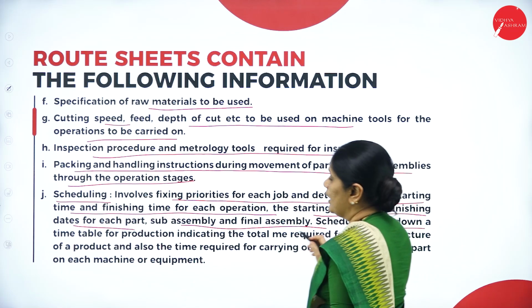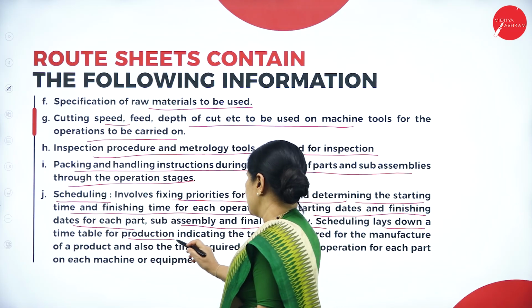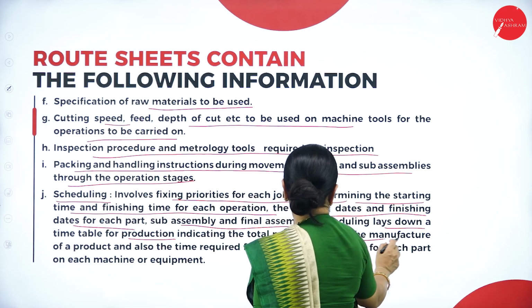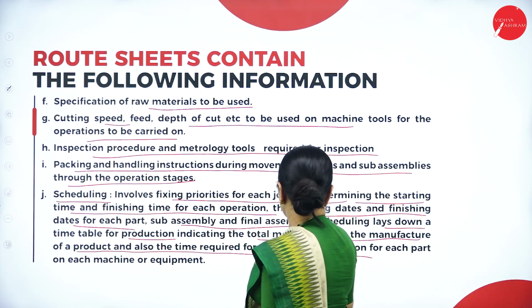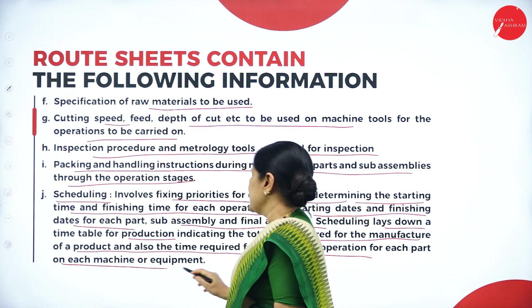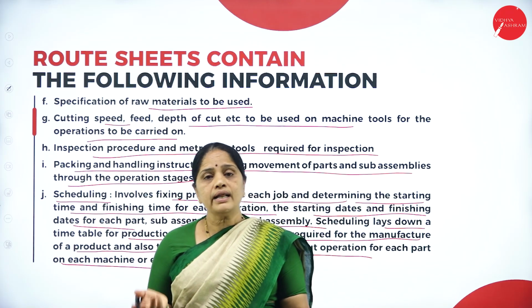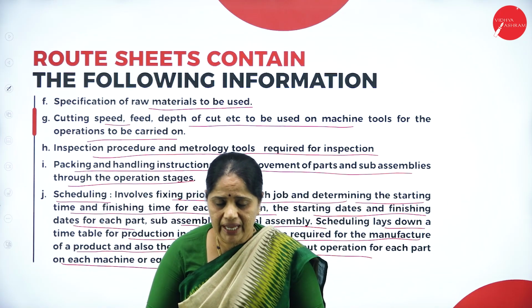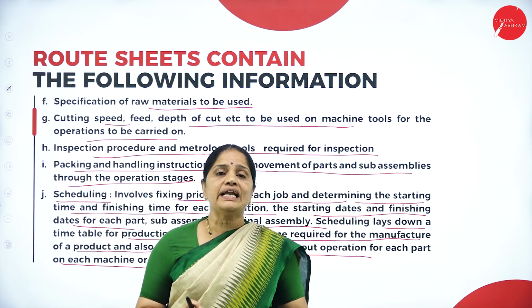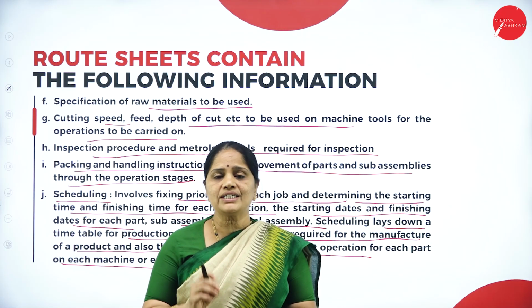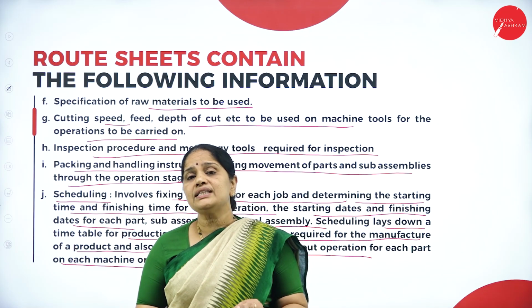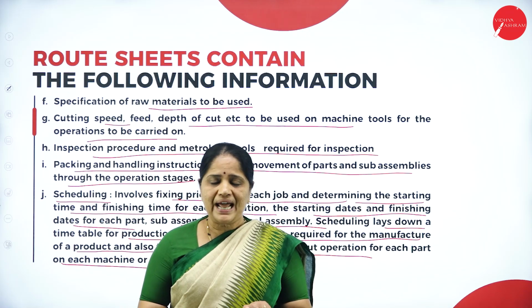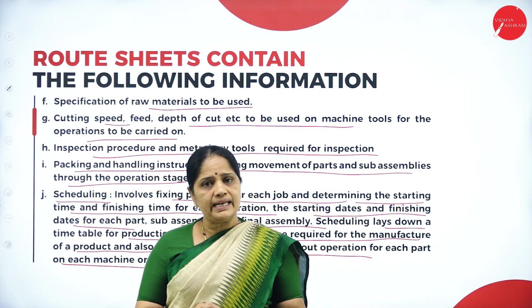It lays down a timetable for production indicating the total time required for the manufacture of a product and also the time required for carrying out the operation on each machine or equipment. So, we have to specify each and every detail for the manufacture of each and every part of the product. So everything has to be neatly planned and then it has to be executed.